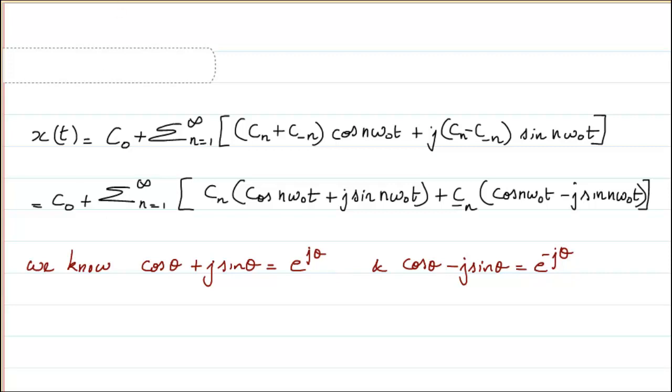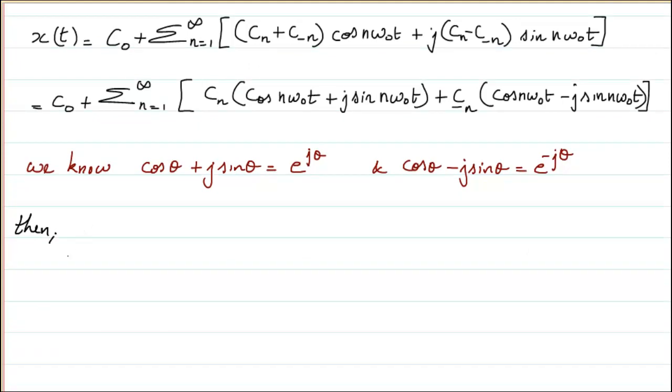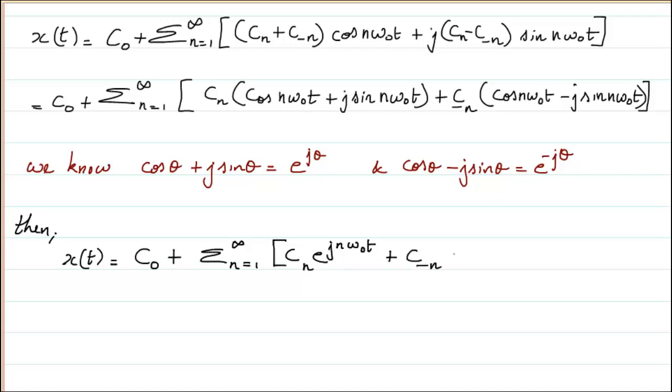So if I am going to substitute that, then let me write it as an equation: x of t is C naught plus summation n is equal to 1 to infinity, and then with Cn I will write e raised to power j n omega naught t, so this is Cn, plus C of minus n e raised to power minus j n omega naught t.